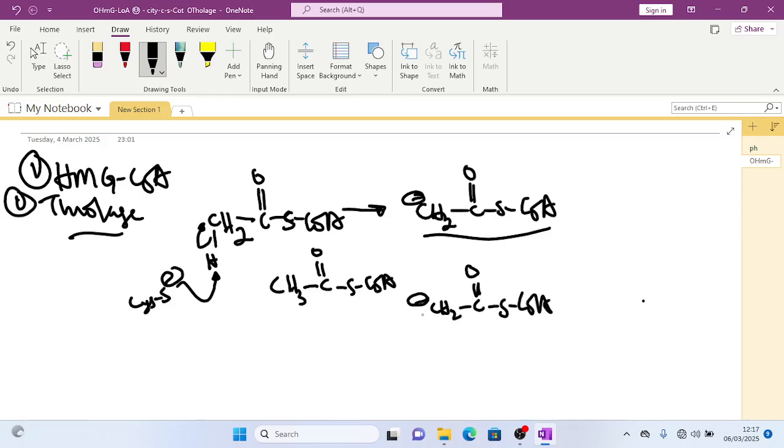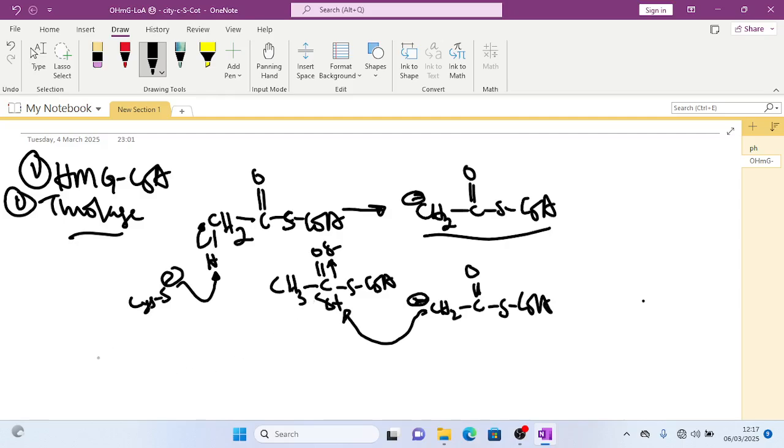Don't forget that this carbon here is slightly positive, while this oxygen is slightly negative due to the inductive effect of oxygen. Because of the slight positivity of this carbon, it will be attracted by this lone pair of electrons.